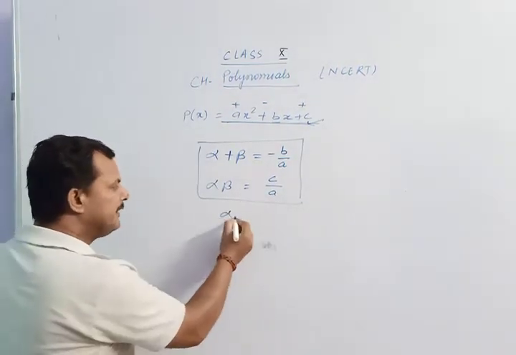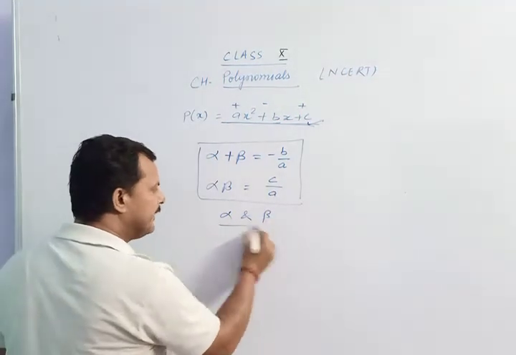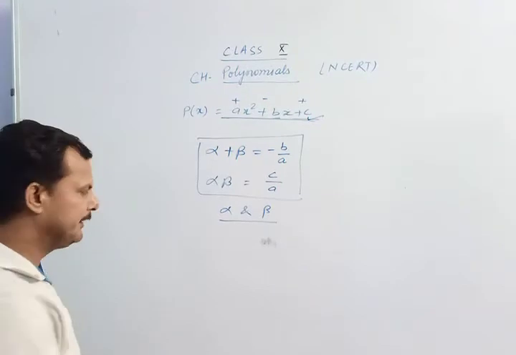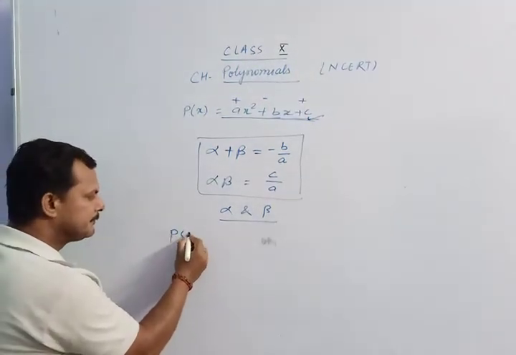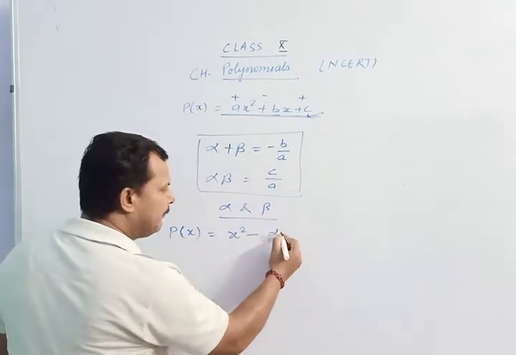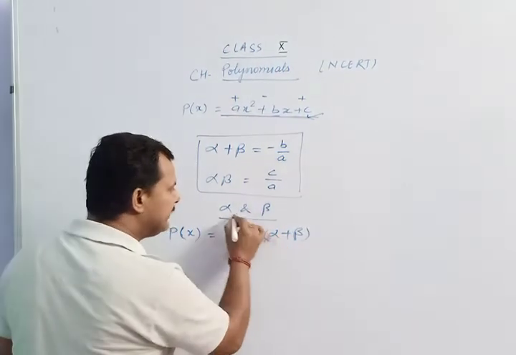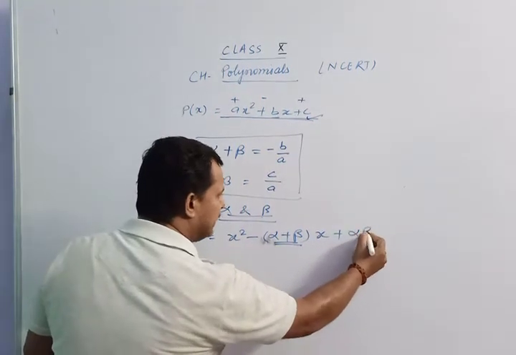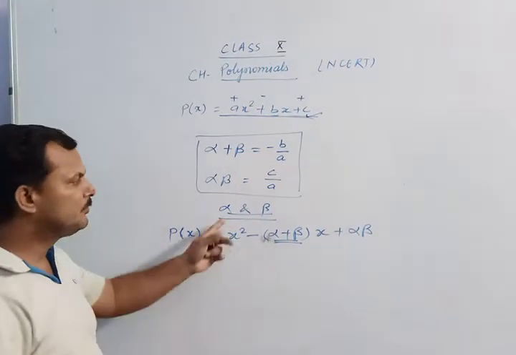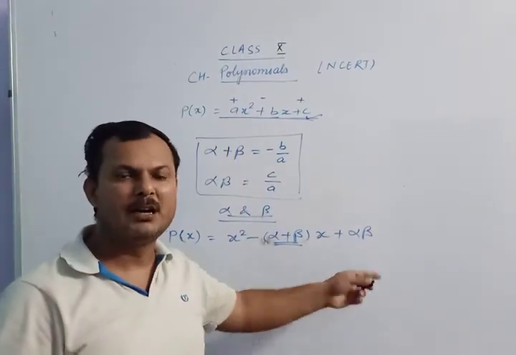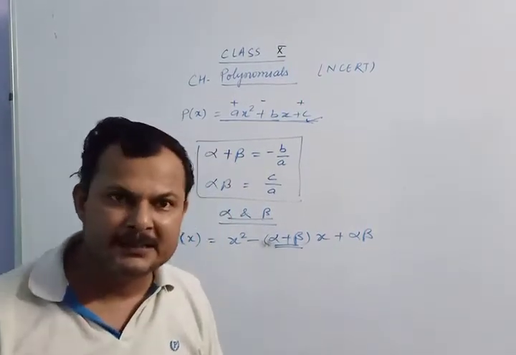Suppose two zeros alpha and beta are given and you have to find the quadratic polynomial. P(x) is equal to x square minus (alpha plus beta) x plus alpha beta. You can substitute the values of alpha and beta in this formula and you will get the required quadratic polynomial.